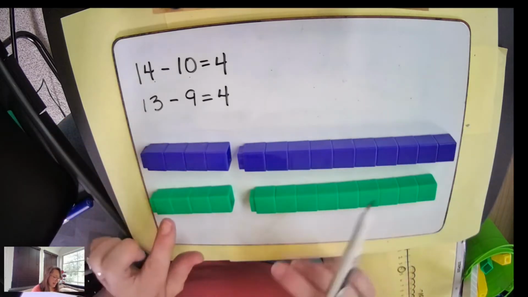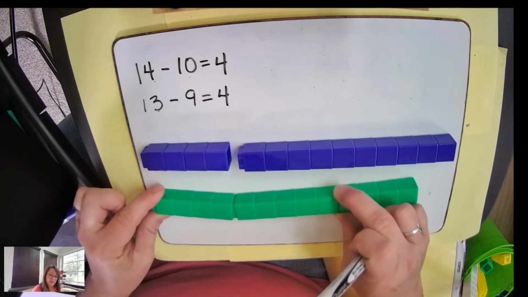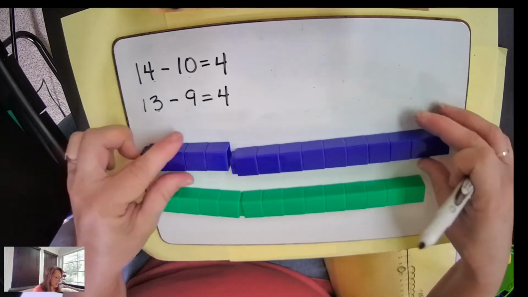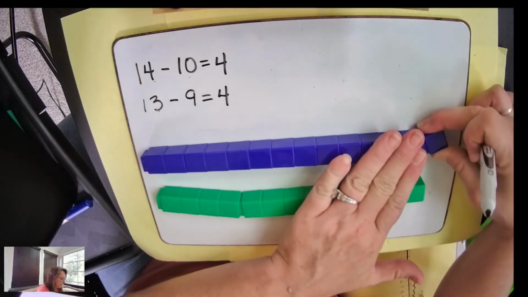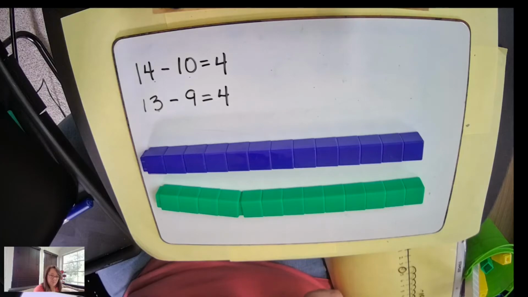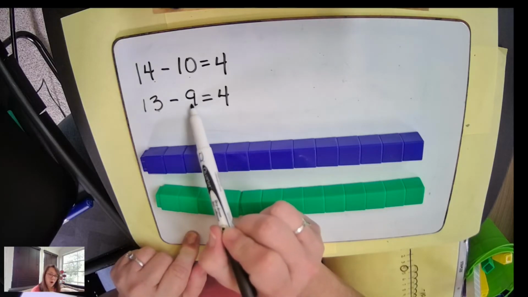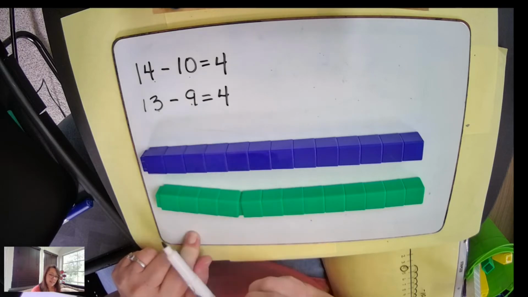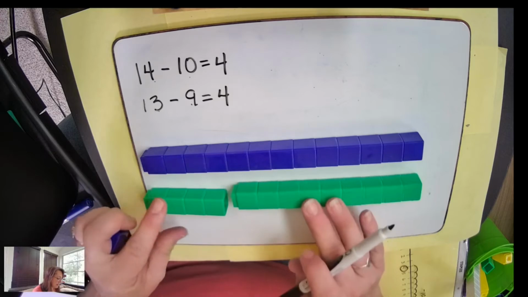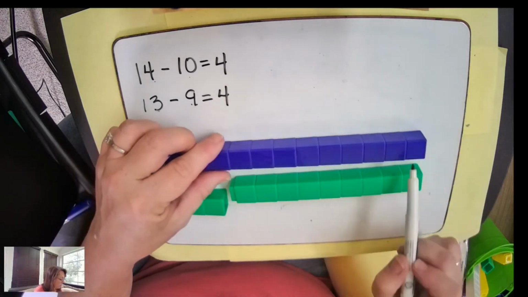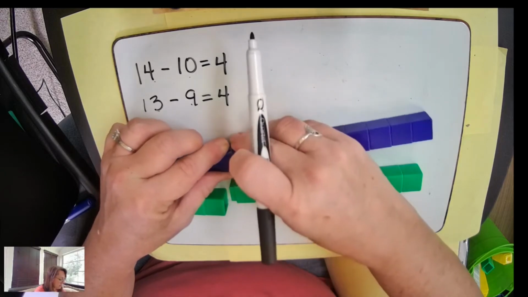And in this second problem, we started out with 1 less than 14. And we subtracted 1 less than 10. So we subtracted only 9.